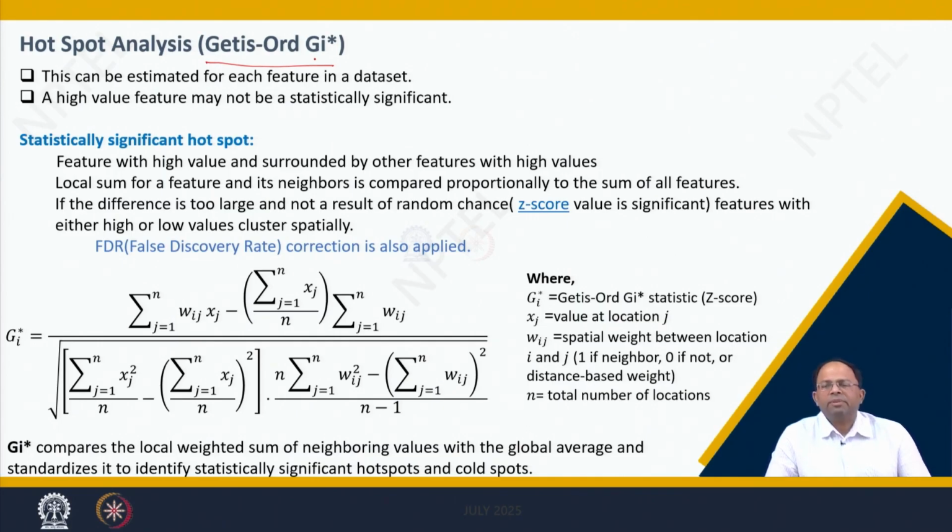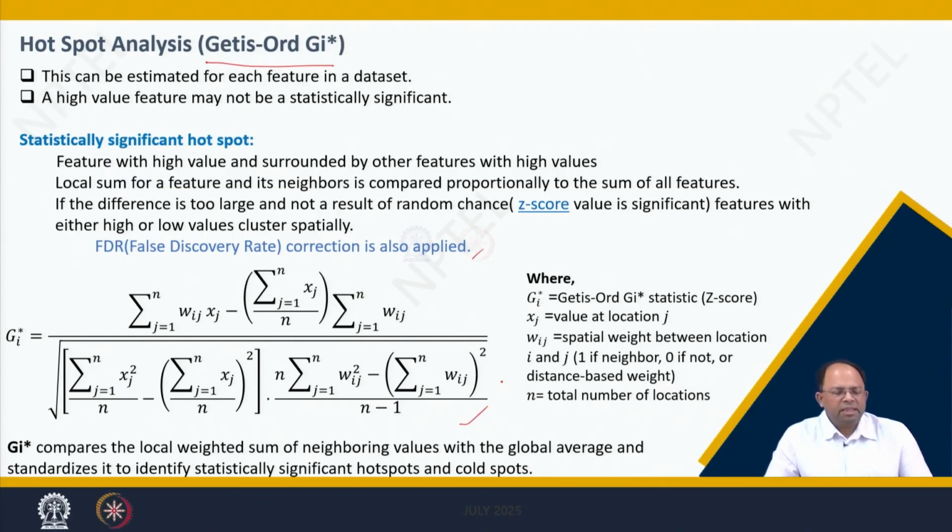Based on the z-score value, it is either significant or not, and then we can call the features low value or high value clusters, which we can mark spatially on a map. In addition, for this analysis, FDR or false discovery rate correction is also applied. We have talked about that in an earlier lecture.